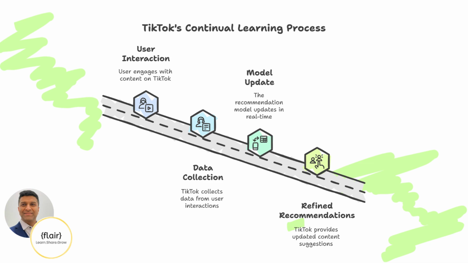Continual learning plays a big role there. They're constantly fine tuning their recommendation algorithms in real time. Every comment, every second you spend watching a video, it all feeds back into the model, shaping your feed. It's like the model's got its finger on the pulse of your ever changing tastes.